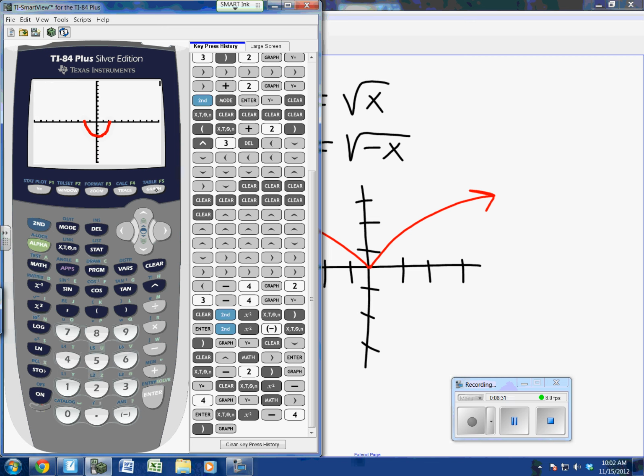What it does is it just takes all those y values that were negative, and it makes them positive. You see that? In other words, it flips it up over the x-axis. Erase that so you can see it. Got it? Just make that bottom part of it, and it flips over the x-axis. Any questions there?